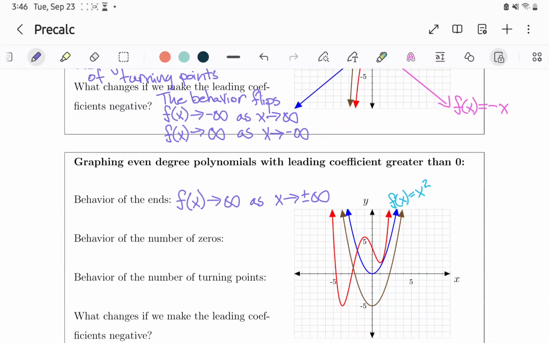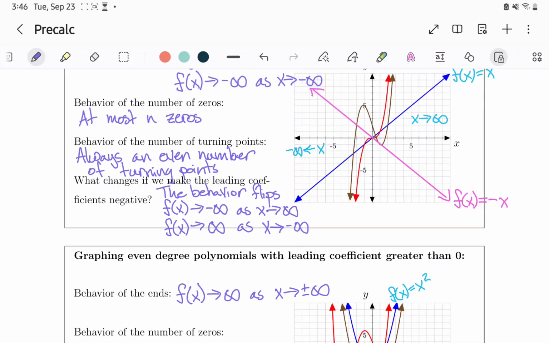And then when it comes to the behavior of the number of zeros, well, again, it's going to be that we have at most n zeros, except this time n is going to be an even number.